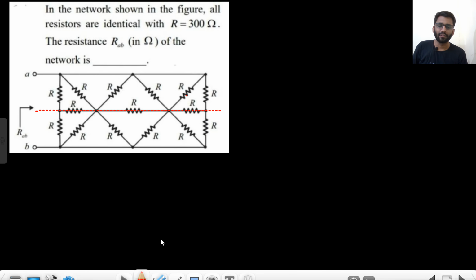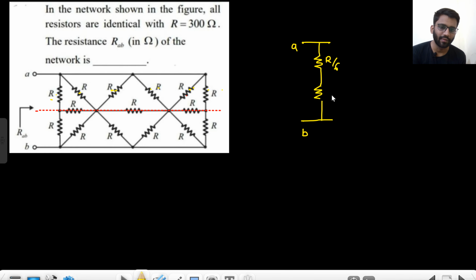So now what will happen? Now this R, this R, this R, this R, this R, and this R, all R will come in parallel. So from A we have R by 6, because all the R will come in parallel, and at B here we will also have R by 6.